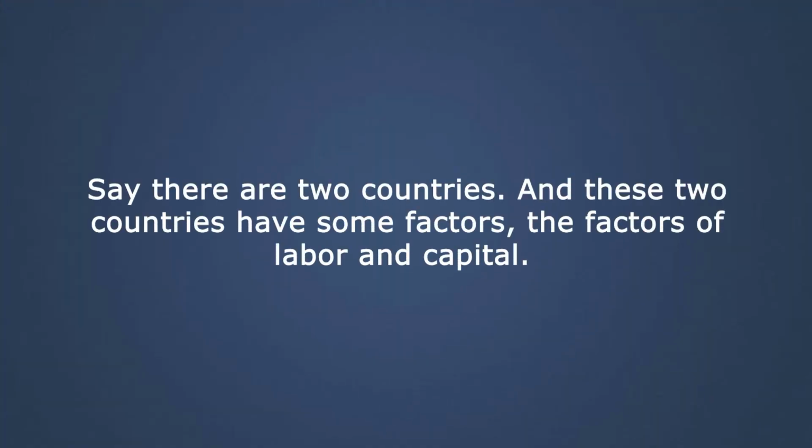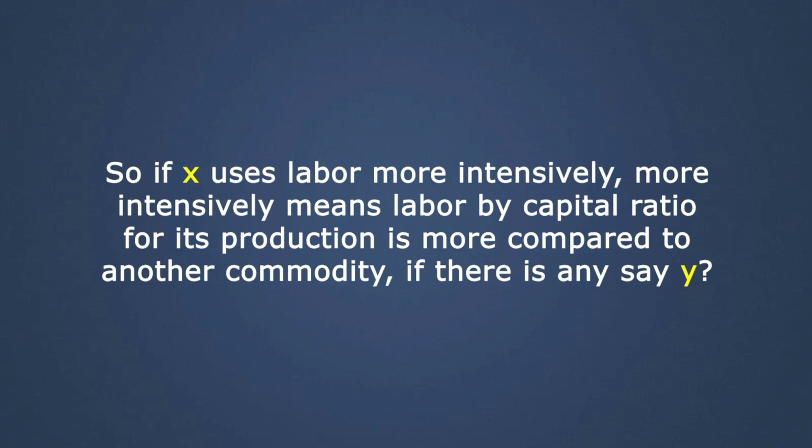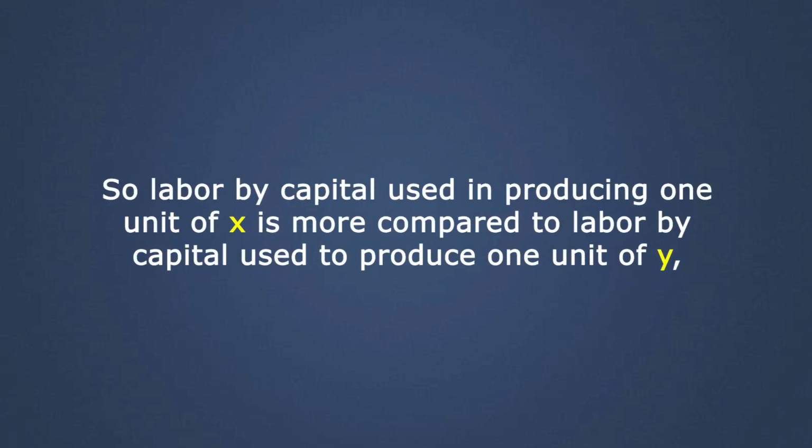Say there are two countries. These two countries have some factors. The factors are labor and capital. So the point is that one country should produce that commodity, say the commodity is X. If X uses labor more intensively, meaning the labor by capital ratio for X production is more compared to another commodity, say it is Y. So labor by capital used in producing 1 unit of X is more compared to labor by capital used to produce 1 unit of Y. Then I can say X is labor intensive.